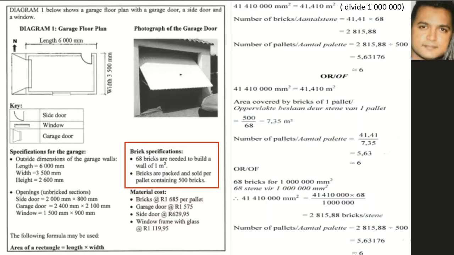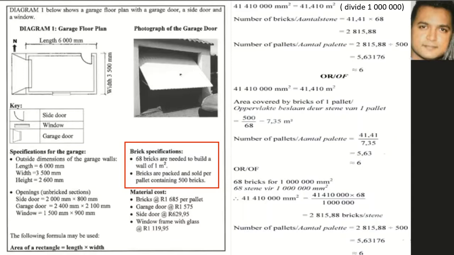This is why I've written in the corner, divide by 1 million, because 1,000 times 1,000 gives you 1 million. When we divide by 1 million, we arrive at 41,410 meters squared. So all we've done is take the millimeter squared, divide it by 1 million, and arrive at the meter squared amount.